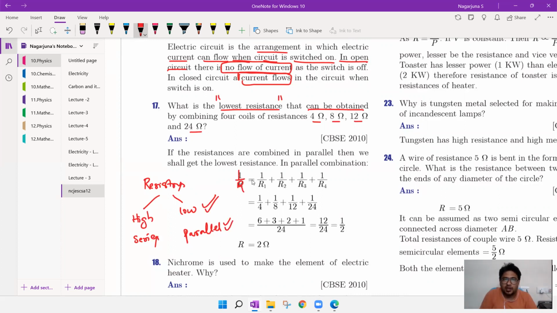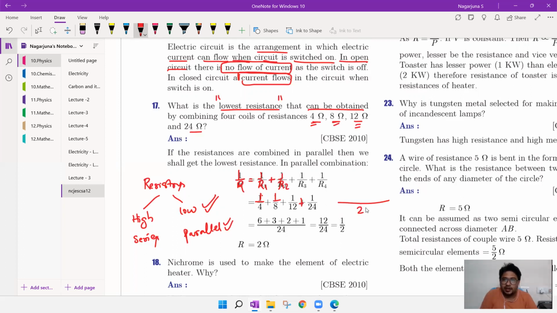We know the formula: 1 by R is equal to 1 by R1 plus 1 by R2 plus 1 by R3 plus 1 by R4. So 1 by 4 plus 1 by 8 plus 1 by 12 plus 1 by 24.